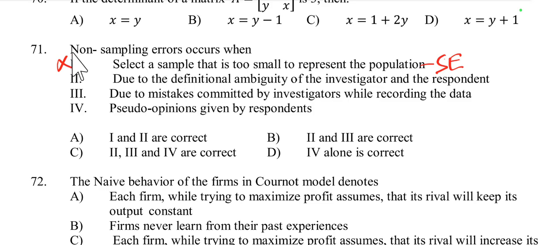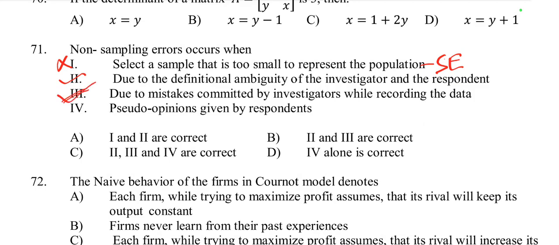So we have to find out the non-sampling errors. Second one is due to the definitional ambiguity of the invigilator and the respondent. Yes, this is a non-sampling error, because if definitions of questions are not clear, the respondent may misunderstand and provide inaccurate answers. Third one, due to mistakes committed by invigilators while recording the data.